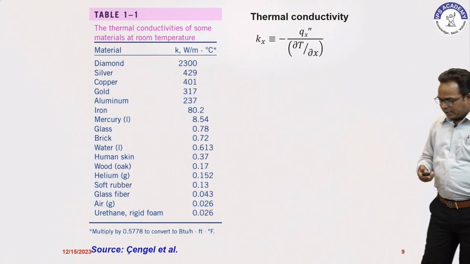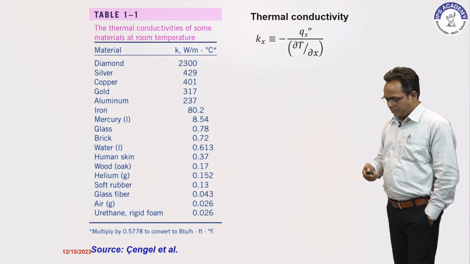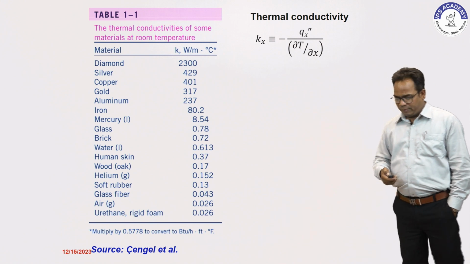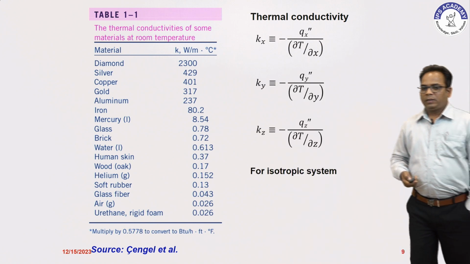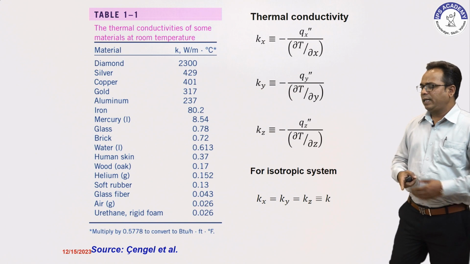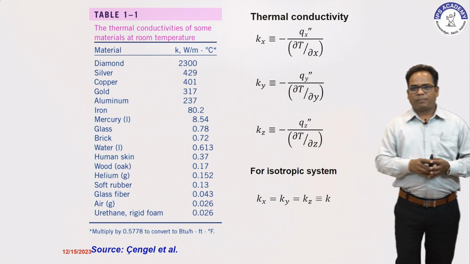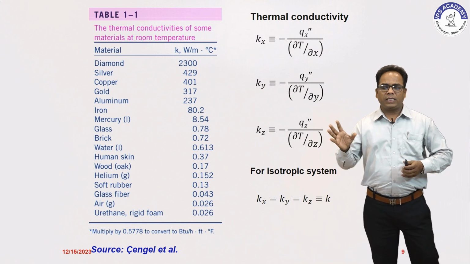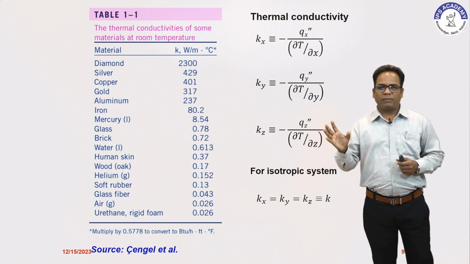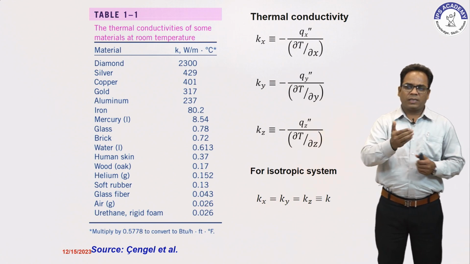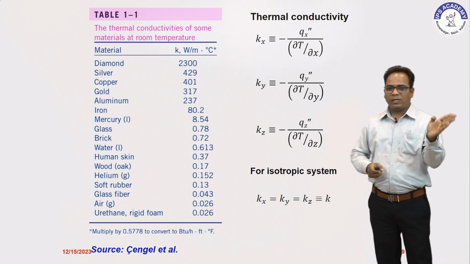So as I said, this K is the thermal conductivity, and thermal conductivity basically is the transport property which relates the potential of that quantity, which causes the heat flux, which causes the flux of that quantity.